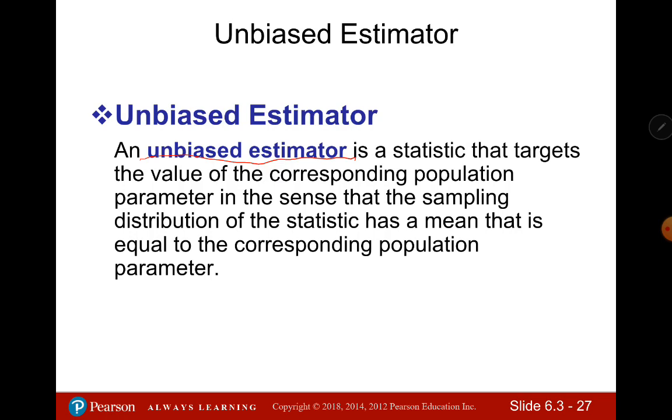Of course, we prefer the unbiased estimator. You know what is unbiased? This estimator targets the value of the parameter, which means the mean value, the expected value of this statistic, is equal to the parameter.